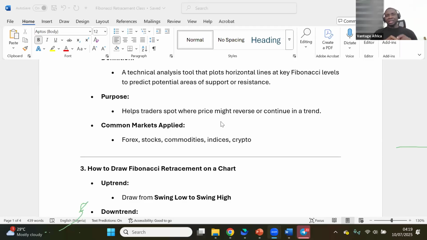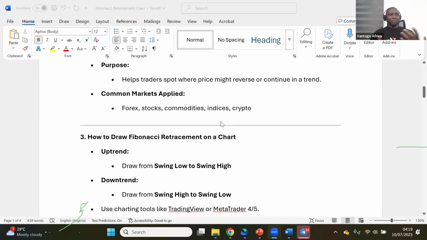So if we have a tool that can help you spot those areas with a very high level of probability, then it's a very, very good tool for us to use. This is actually why Fibonacci works very well. In my experience, Fibonacci is one of those tools on your chart that is highly, highly effective.